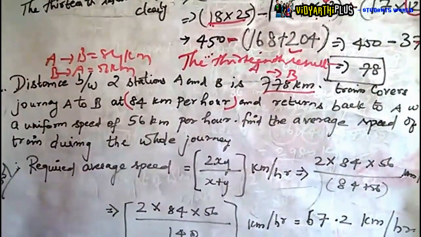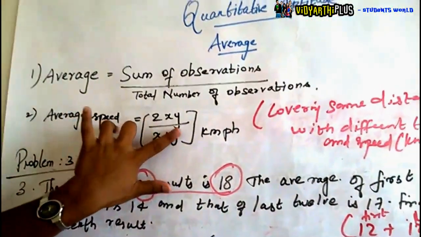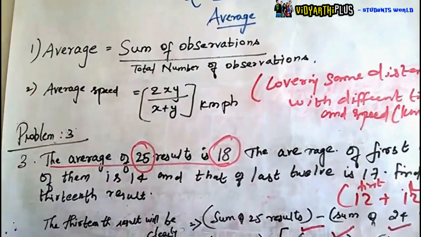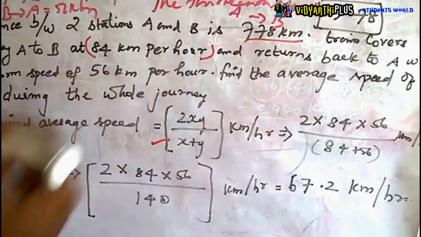As I have already told you, to find the average speed there is another formula in average, that is 2xy divided by x plus y, in kilometers per hour. Here we are going to use that formula. The required average speed is 2xy divided by x plus y km per hour.